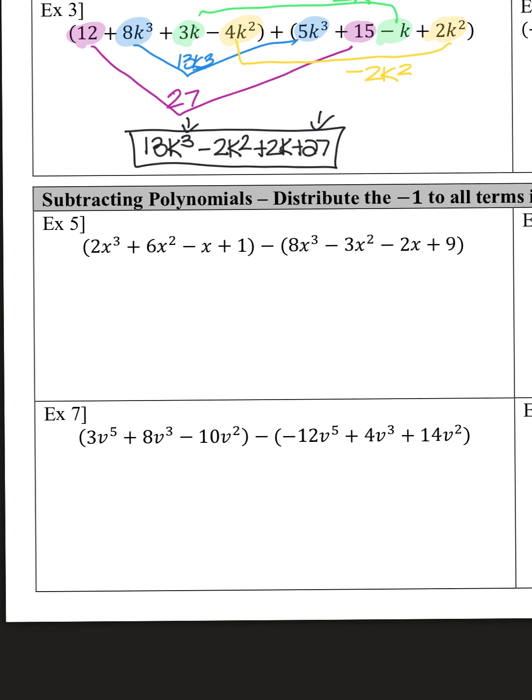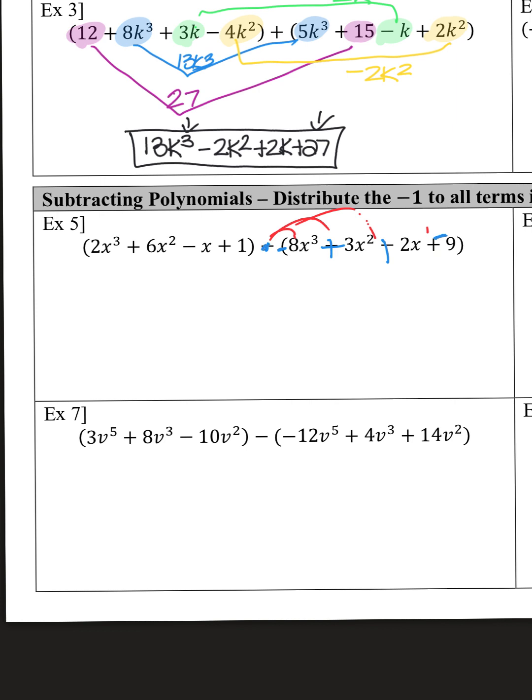Now, when we distribute this, what we are essentially doing is changing the sign to everything inside those parentheses, okay? So when I distribute that, this would turn into that negative 8x to the third, a positive 3x squared, a positive 2x, and a negative 9, okay?